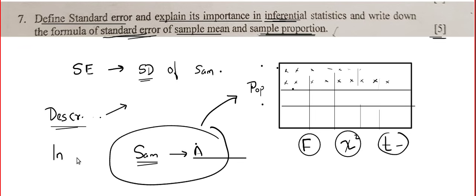So normally in inferential statistics, we collect the samples, we analyze the samples, we study the samples, and we create distributions, sampling distributions. Using all this, we try to predict and come to conclusions about the population. That is called inferential statistics.